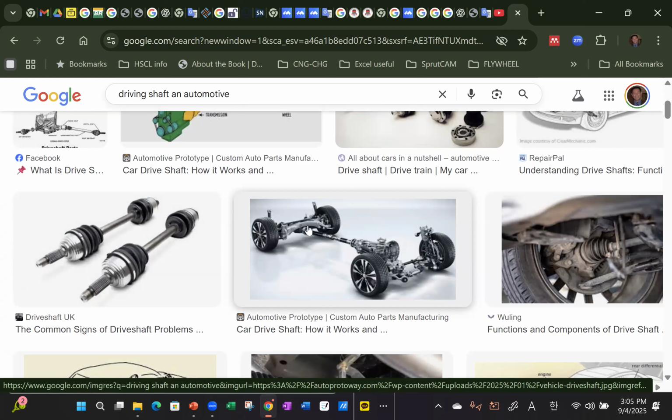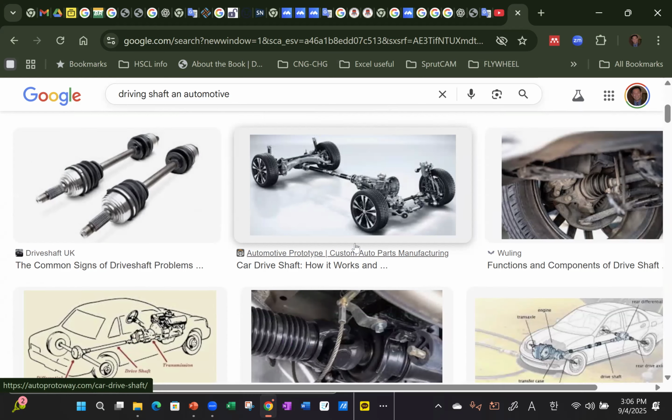So all these shafts, a driving shaft, will be subject to a torsion, because there will be some driving force from internal engine or the motor. And this shaft will transmit the torque, and then all this vehicle will move, right?